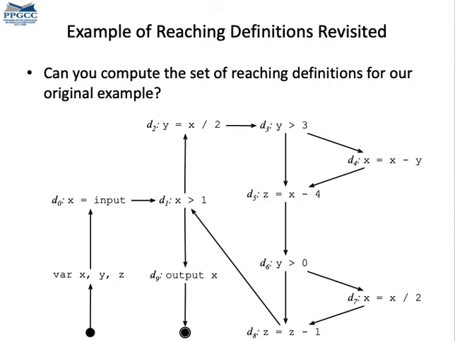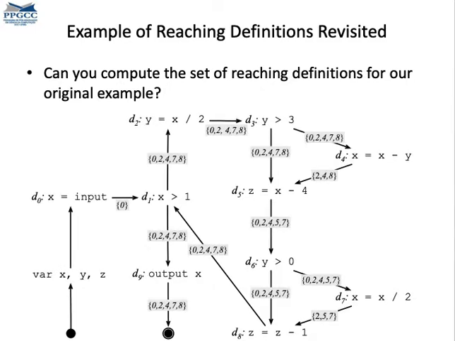As an exercise, you can try to run reaching definitions in this control flow graph. You can stop the video, draw the program, and then try to fill out reaching definitions on the edges of the CFG. Here's the solution to this problem. Because each program point defines just one variable in this program, I'm using the program point itself as the data flow fact.